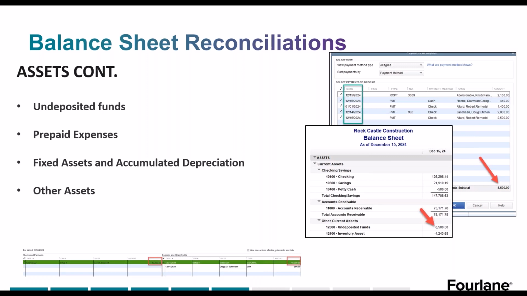Okay, that said, you want to go ahead and look at your undeposited funds account. As before, we want to check the subledger. So if you look at your balance sheet, in this case, it's $8,500 showing for undeposited funds. If you go to the Make Deposit option in QuickBooks, you should have a pop-up that shows you all the outstanding checks that have not yet been identified as deposited.